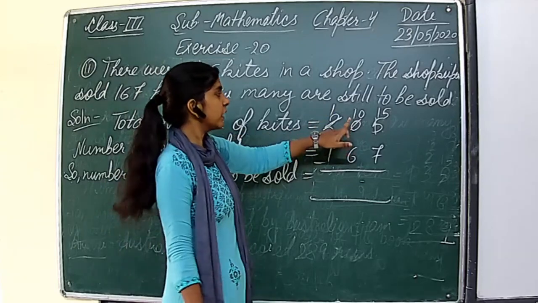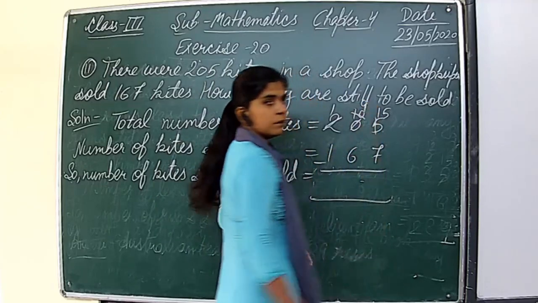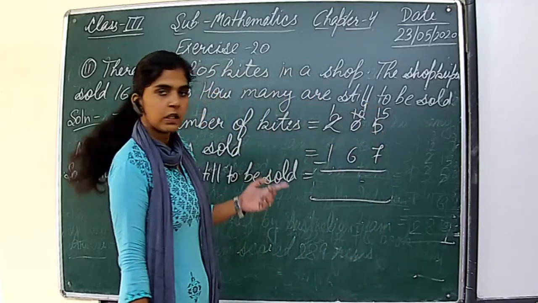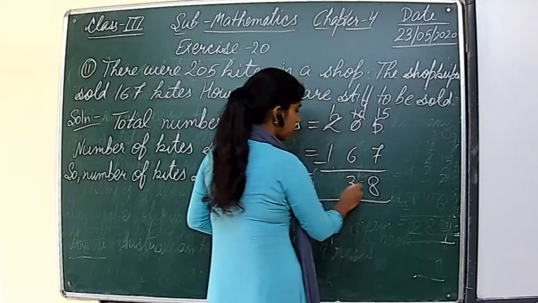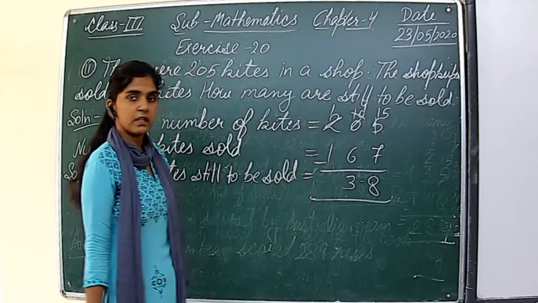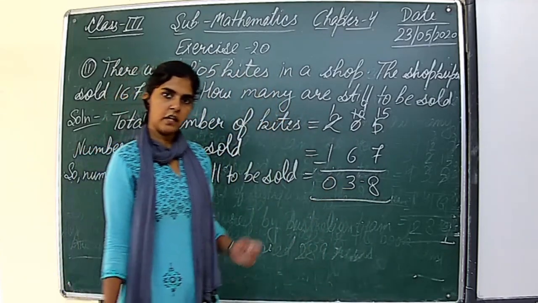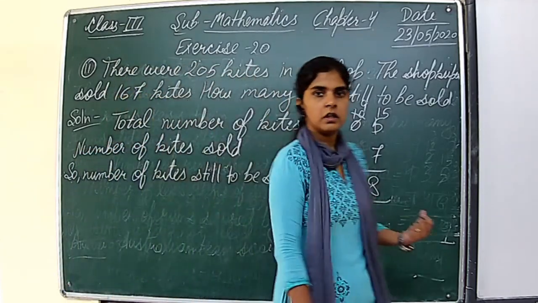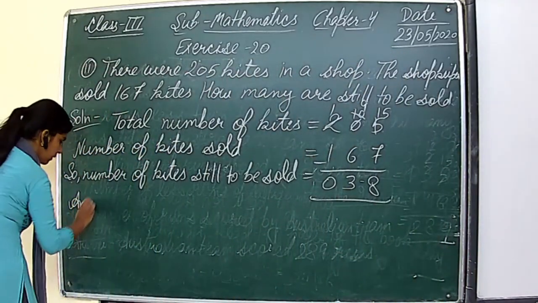After that, when 10 will give 1 borrow to 15, this 10 will become 9, right? So 15 minus 7 is equal to 8, 9 minus 6 is equal to 3, and 1 minus 1 is equal to 0. So how many kites are still to be sold? 38, right?